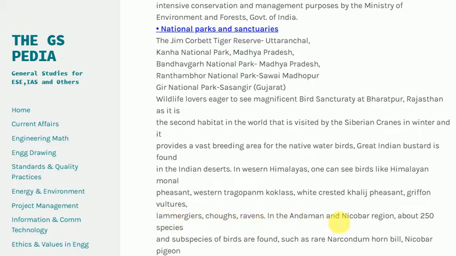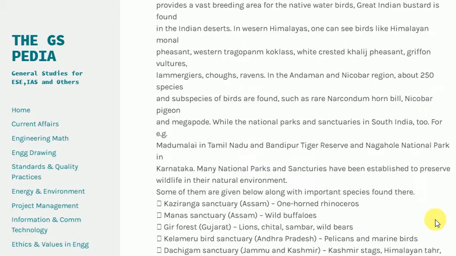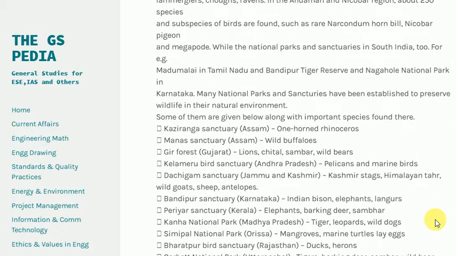In the Andaman and Nicobar region, about 250 species and subspecies of birds are found, such as the rare Narcondam hornbill, Nicobar pigeon and megapode, while there are also national parks and sanctuaries in South India, for example, Mudumalai in Tamil Nadu and Bandipur Tiger Reserve and Nagarhole National Park in Karnataka.